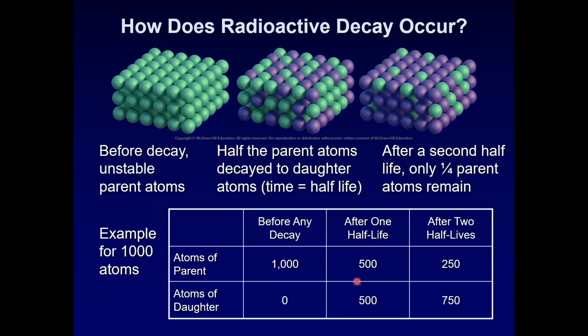And then you also now have 500 daughter atoms. Going to the second half-life, 2 half-lives, we take that 500 parent atoms and divide it by 2. We only have 250 parent atoms, and we're adding 250 daughter atoms. So 500 plus 250, and so on.